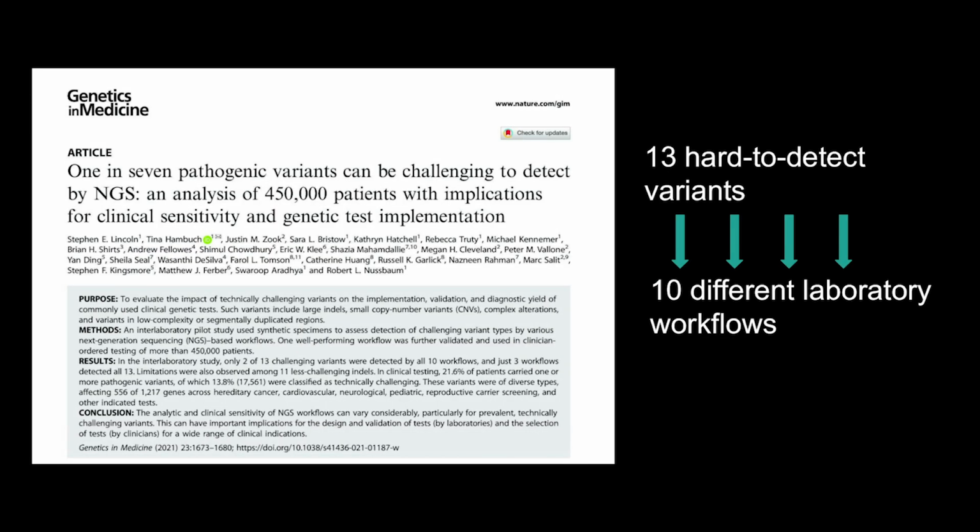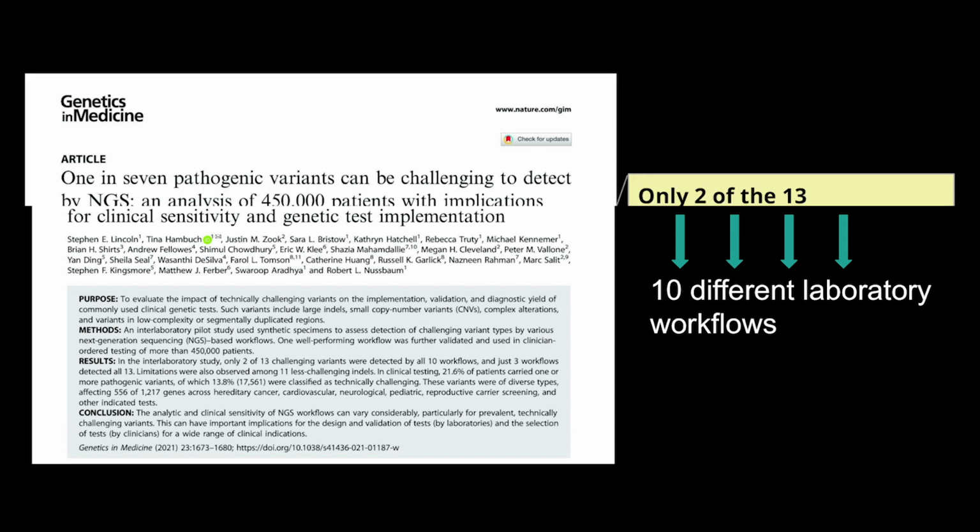To detect the hard variants, a lab has to invest a lot of resources into optimizing their sequencing chemistry and particularly their bioinformatics. But how many labs make this investment for their clinical genetic tests? The authors of this study took 13 hard-to-detect variants and ran them through 10 different laboratory workflows. These were labs who voluntarily signed up to be pressure tested in this very public way.